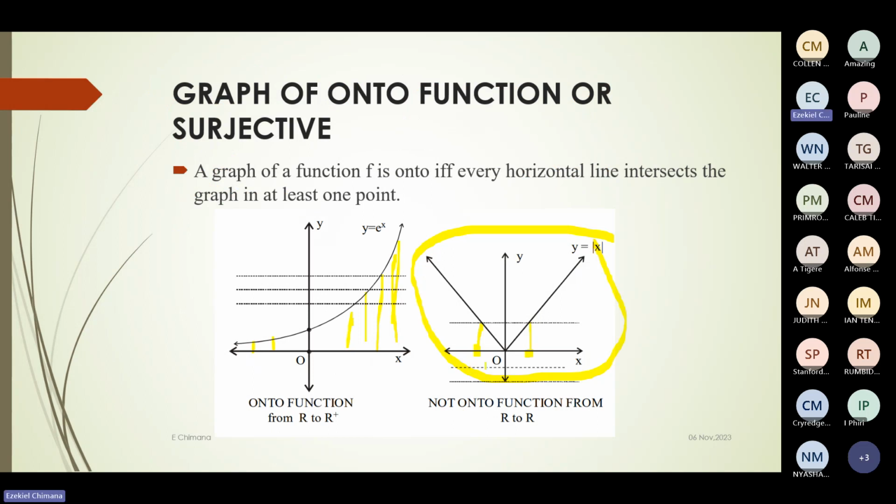But why is this one not an onto? Because I'm not seeing it. I'm suggesting maybe it's a wrong diagram, but I'm trying to analyze it. Where is the problem with this one?